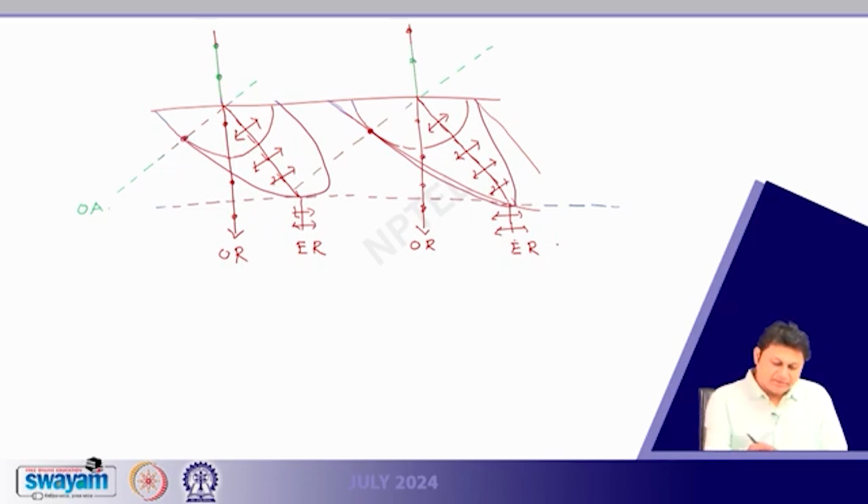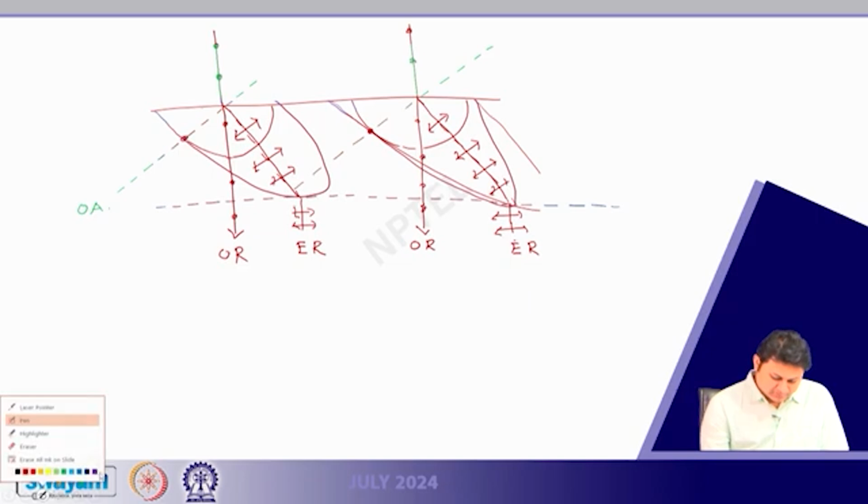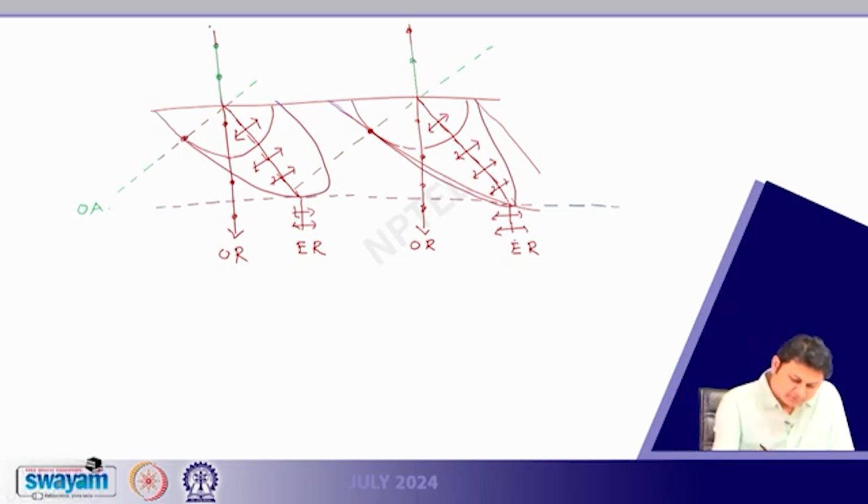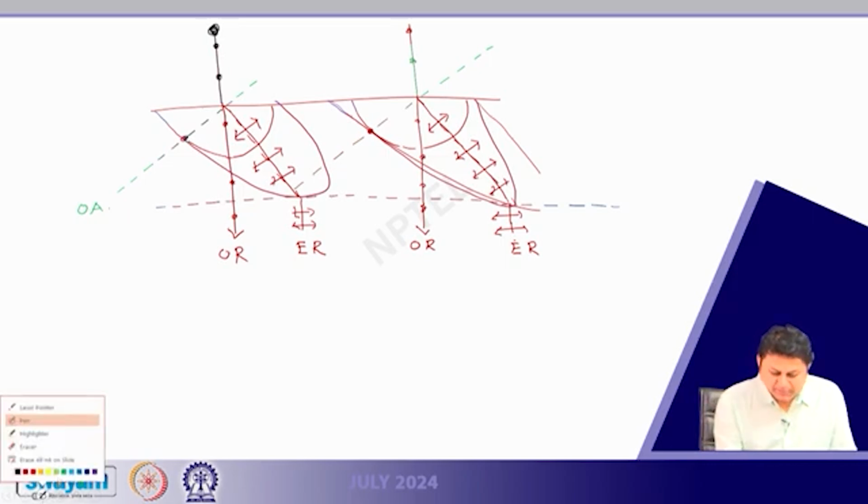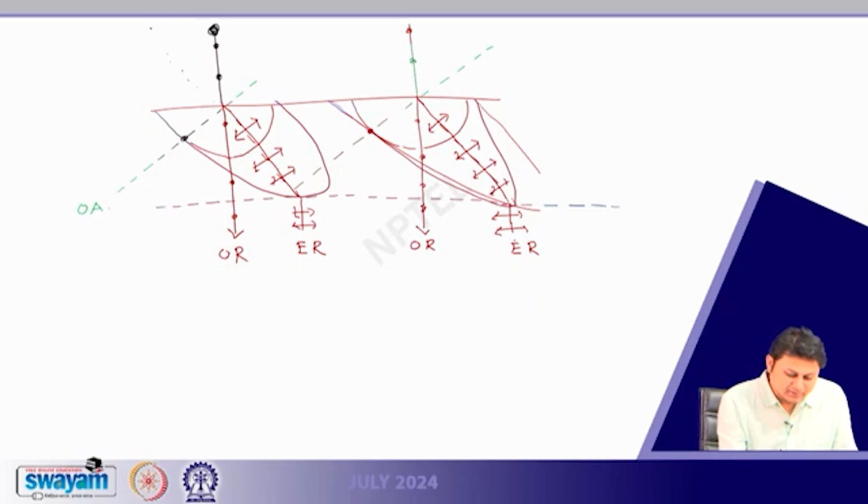Now, you can see that if an object is placed at this point, and I see from this side, we can see the object here as well as there.